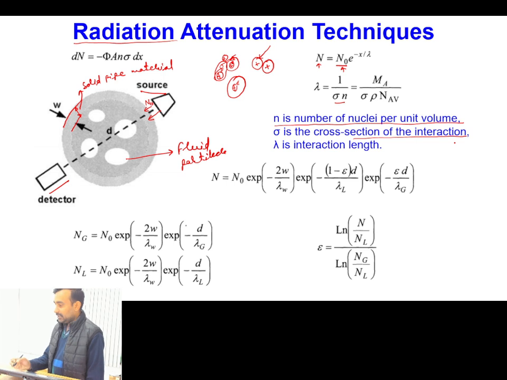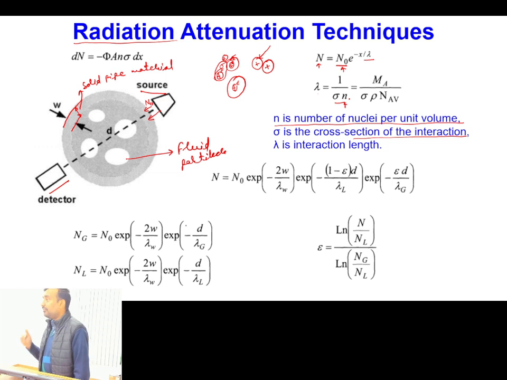Is this one clear? Now these two factors are basically controlling the amount of absorption or attenuation in the signal. Typically, because we are specifically talking about one particular type of nuclei, the values of sigma and n are a function of the material of the fluid or the nature of its molecule.